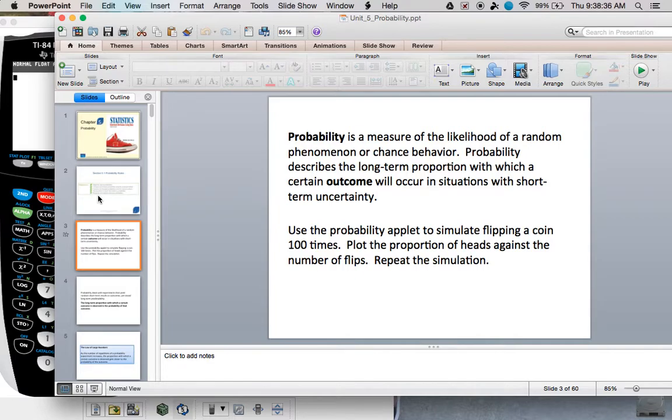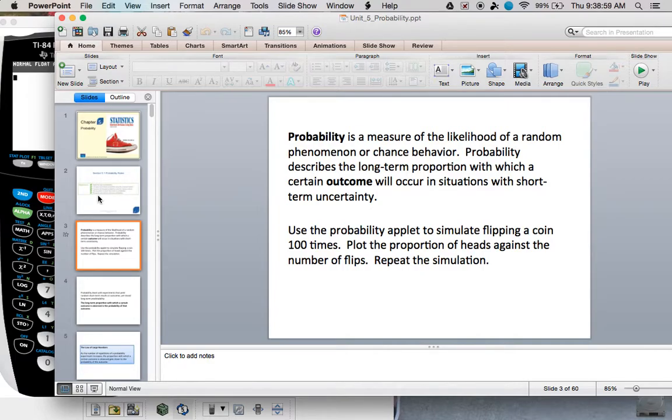It's a measure of the likelihood of a random phenomenon or chance behavior. Probability describes the long-term proportion with which a certain outcome will occur in situations with short-term uncertainty. Okay. Now it says use a probability applet to simulate flipping a coin 100 times. Plot the proportion of heads against the number of flips. Repeat the simulation.